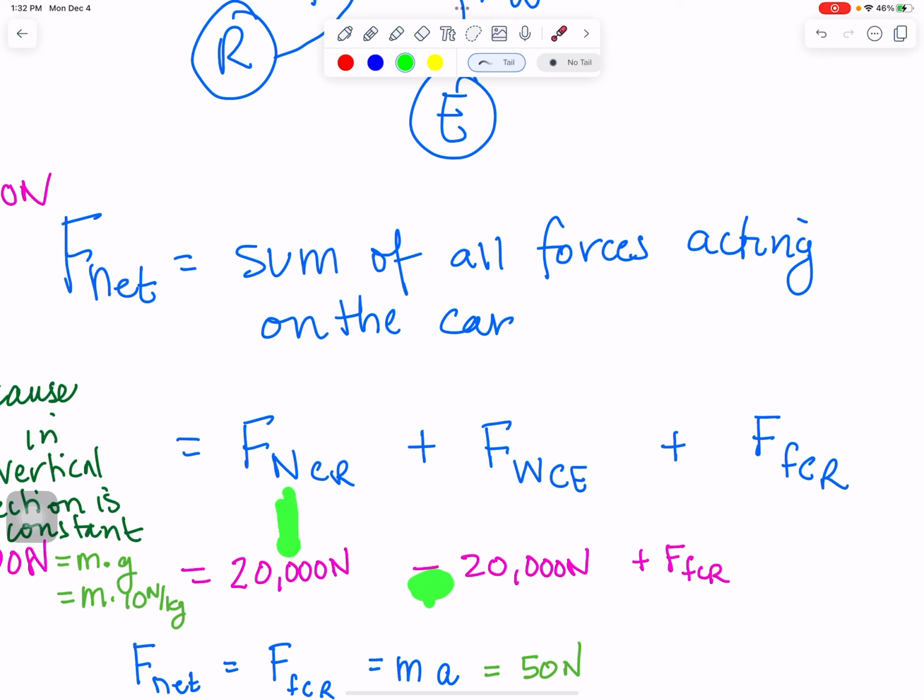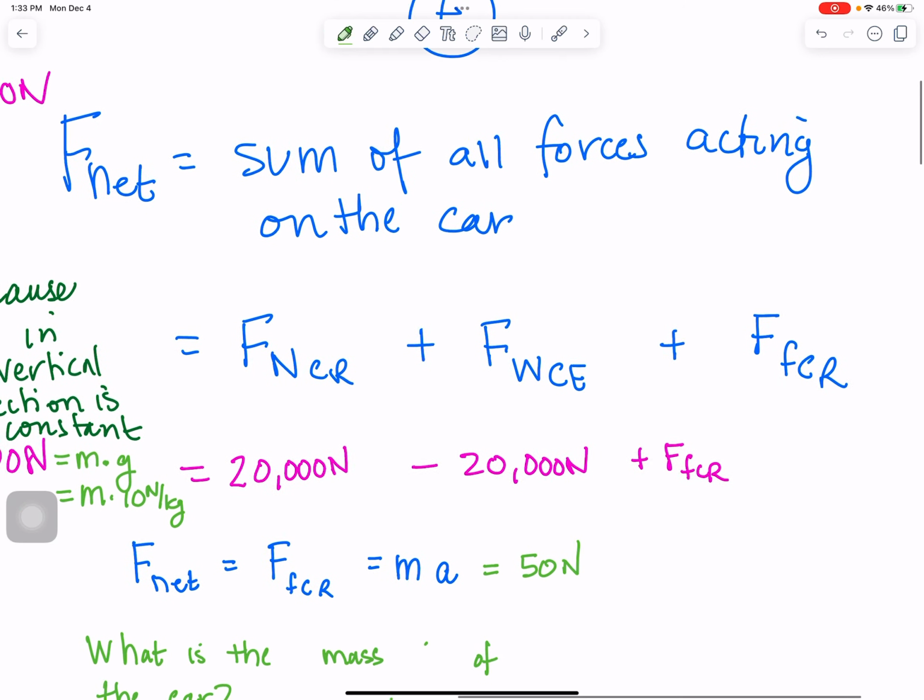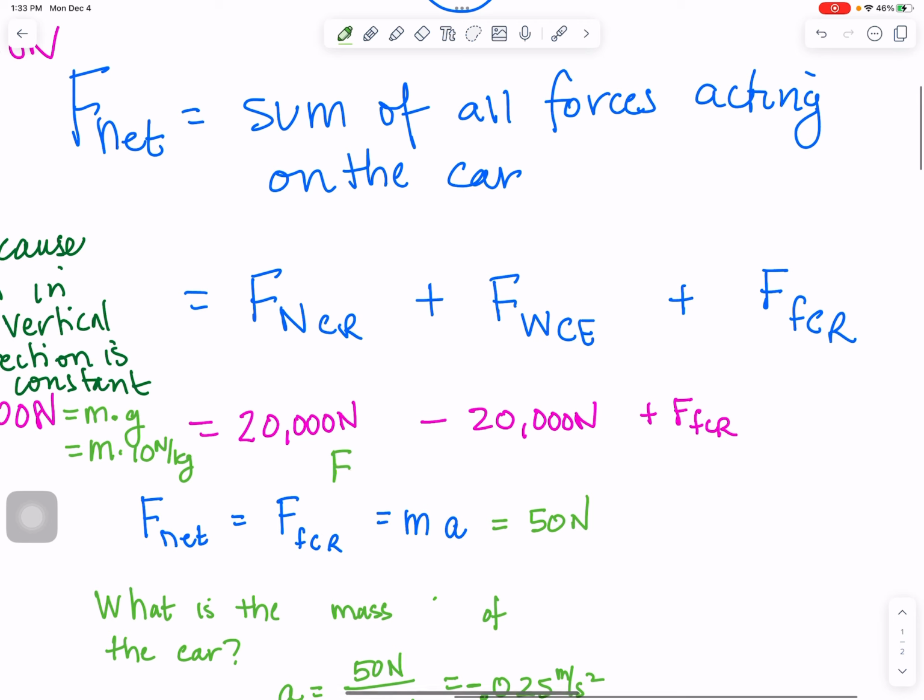The normal force is equal, that's also 20,000 newtons, so the only force left over is the force of friction. And so I end up with this net effect that the net force is only the force due to friction on the car by the road.